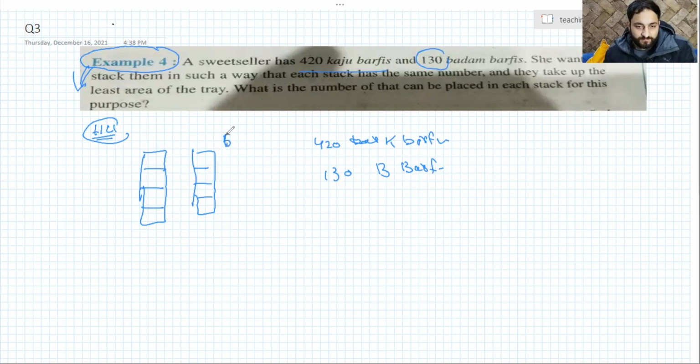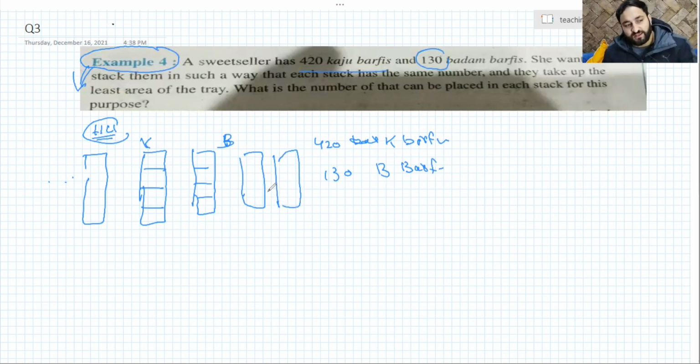You will be having many kaju barfi stacks and many badam barfi stacks. We have to assume that you are not mixing them; you are stacking them up separately. And they should take the least area of the tray.